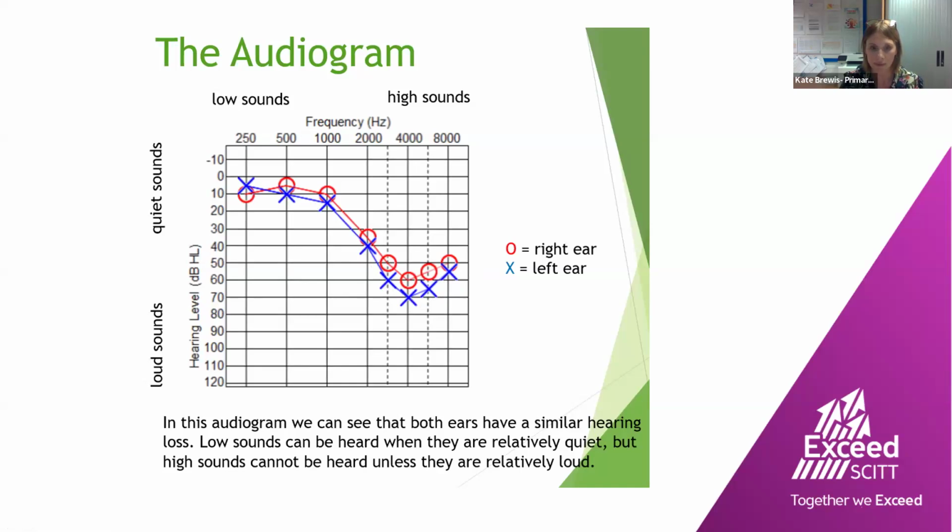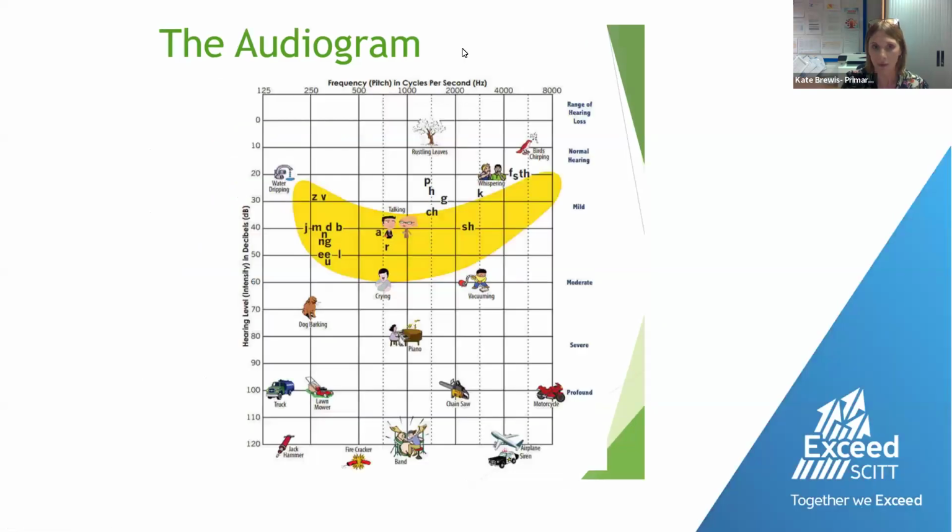In terms of low sounds, this child will be able to hear some of the low sounds when the situation is relatively quiet, but they won't be able to hear more high-pitched sounds unless they are extremely loud. So here is what a typical audiogram looks like in terms of the different types of sounds.